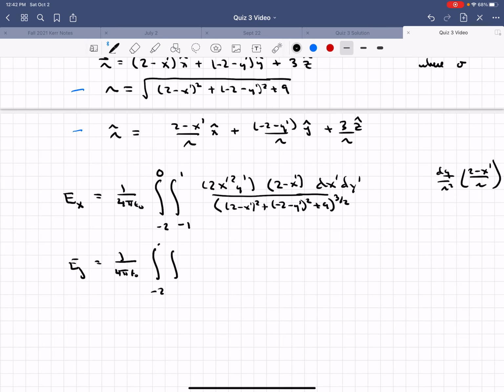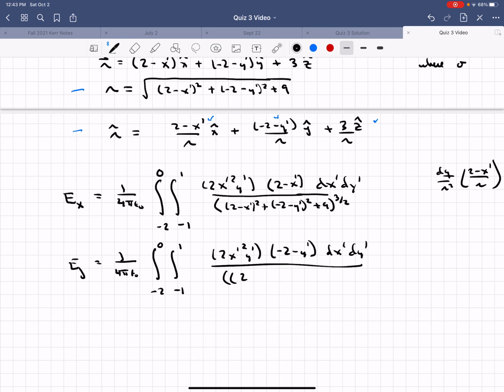The integrals will all have the same limits because we're integrating over the same charge distribution. And the only thing that's different is what I'm putting in to pick up my directions. And what I'm putting in to pick up my directions are these top parts of the r hat.